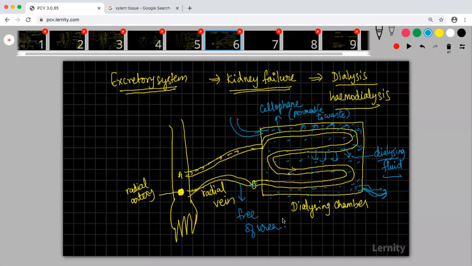It is not cellophane, it is a different kind of substance. The dialyzed blood will be deoxygenated. Basically, whatever is coming there will be added to the vein, so it will go along with the deoxygenated blood.